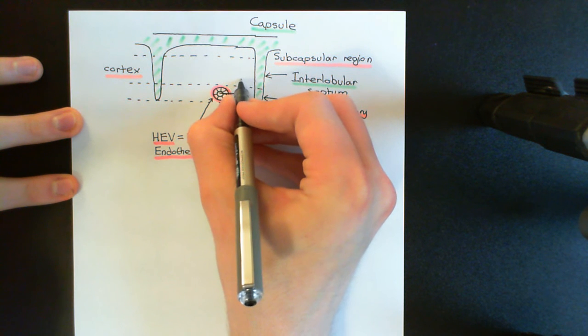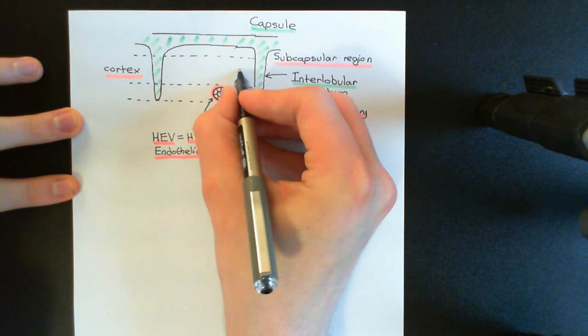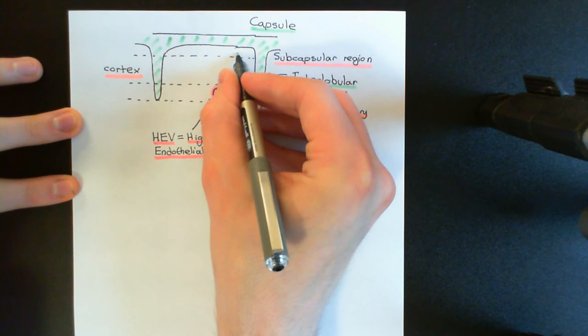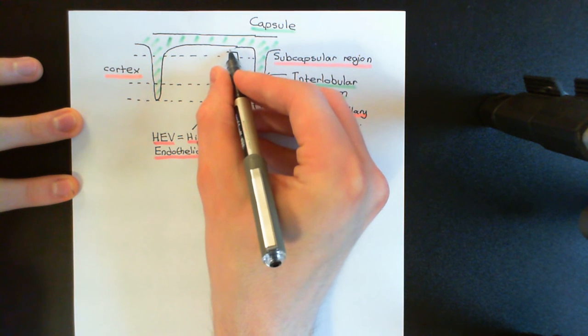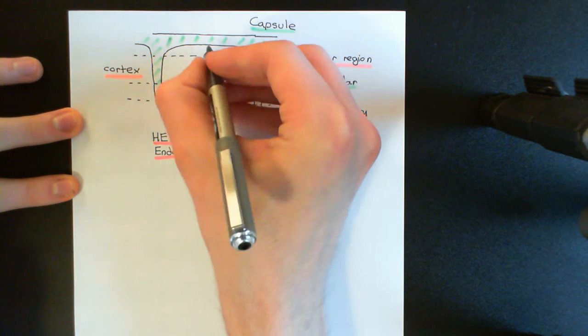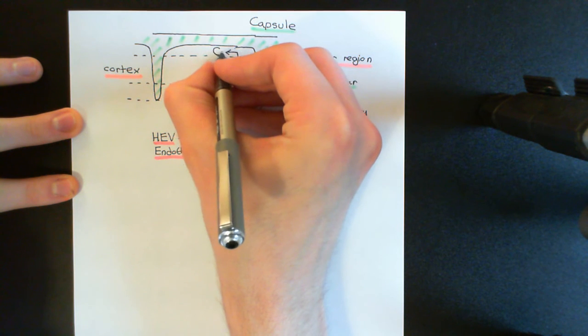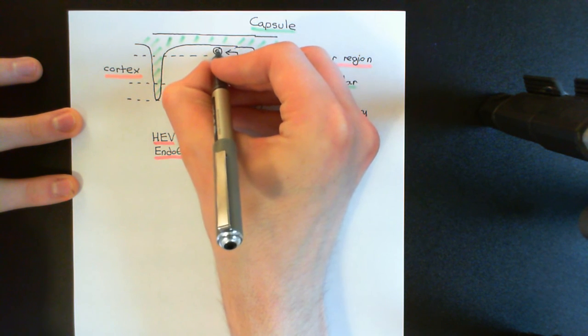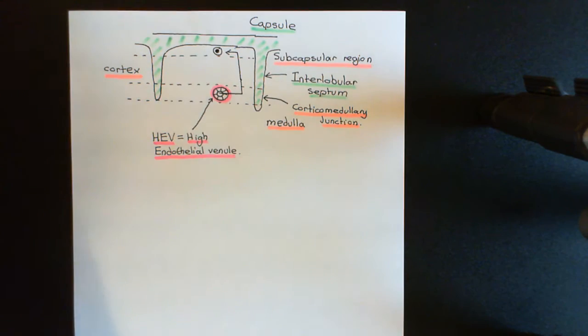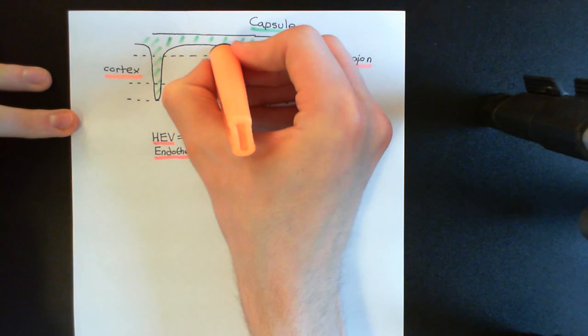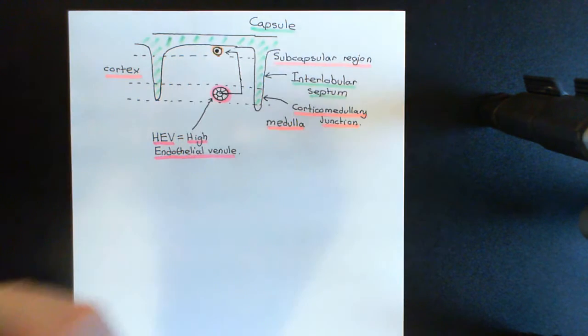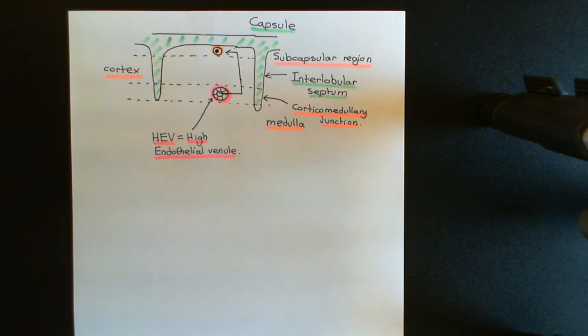Once these lymphoid progenitor cells have been brought into the thymus gland, they will move from the corticomedullary junction up to the subcapsular region up here. So I'll draw one of these lymphoid progenitor cells up here, and I'll try and keep the colour coding consistent, so we'll have it in orange here. It's going to move up to the subcapsular region from the corticomedullary junction where it was brought into the thymus gland by the high endothelial venules.